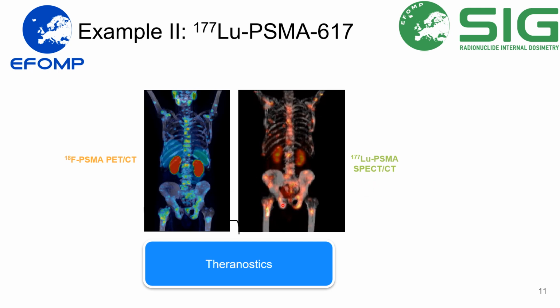So from left to right, you can see how the resolution decreases. This is just due to the nature of lutetium-177 SPECT imaging, but you can also appreciate the uptake in the same region to the same extent, and now you might understand that you can use the image here on the right for dosimetry, which you're going to learn in the series of webinars later.